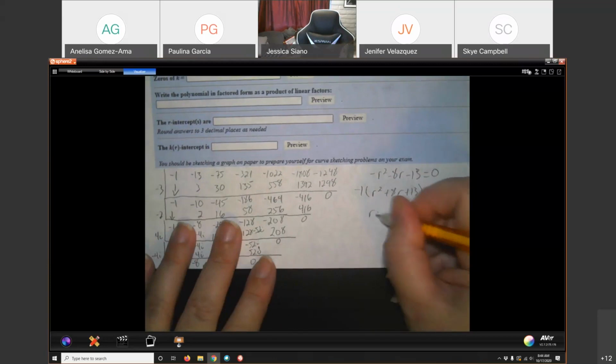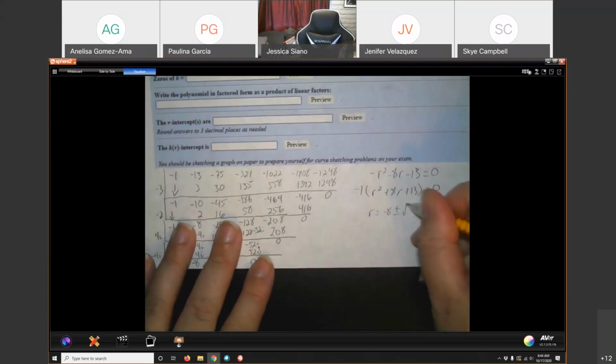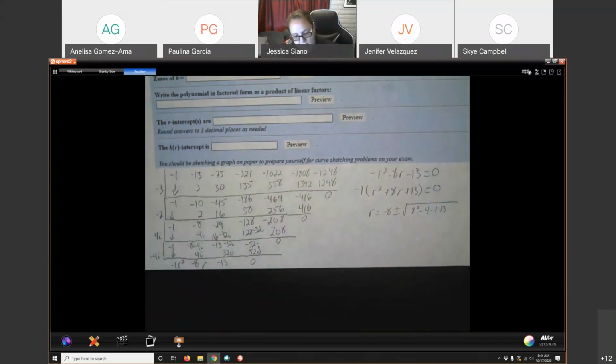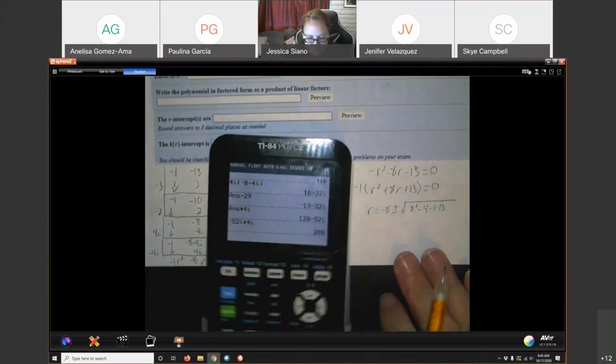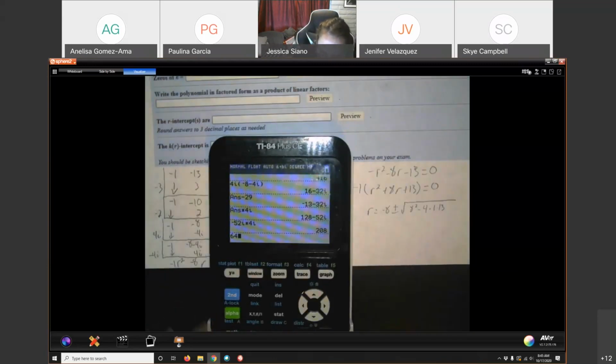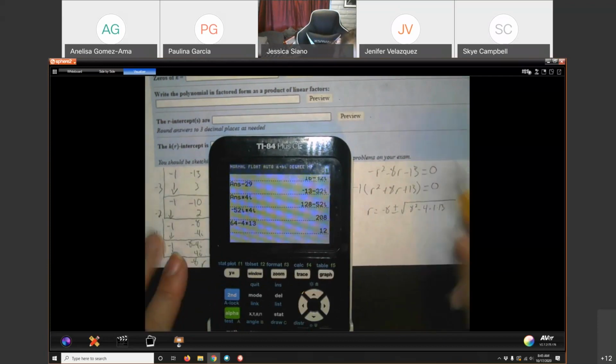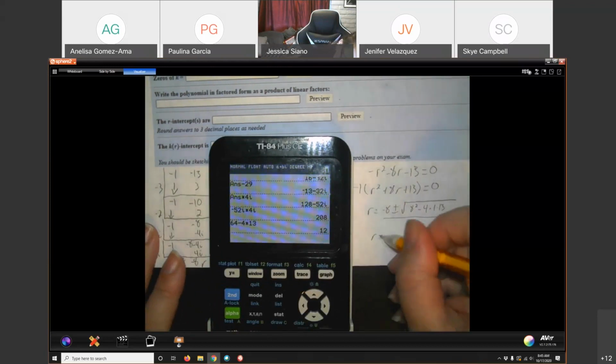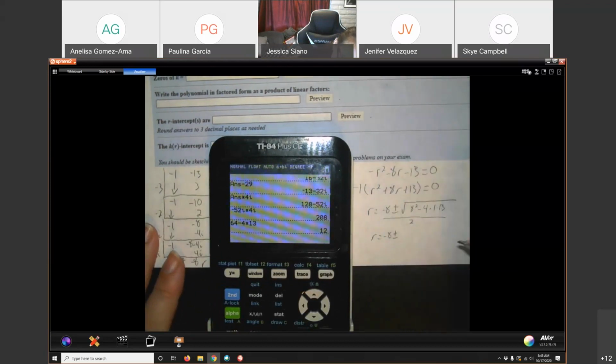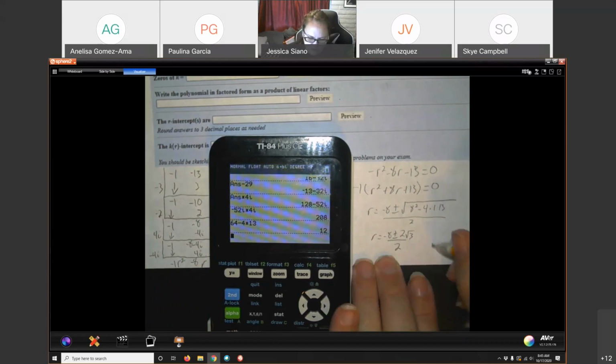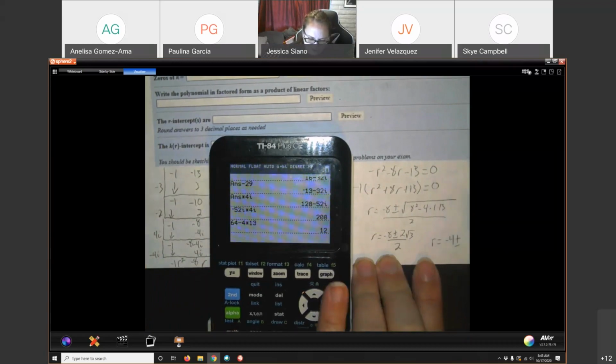So then this would be r equals negative 8 plus or minus the square root of 8 squared minus 4 times 1 times 13. 64 minus 4 times 13, 12 over 2. We just said before the square root of 12 is 2 rad 3. So then negative 4 plus or minus 2 rad 3.